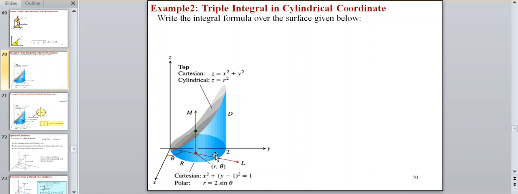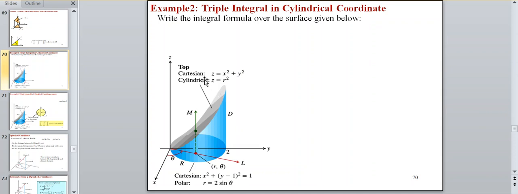You can see here, it's a circle centered at (0, 1) of radius 1. Okay, this is the center. And because the equation is independent of z, you consider a line parallel to the z-axis moving around this circle. So you see a cylinder.